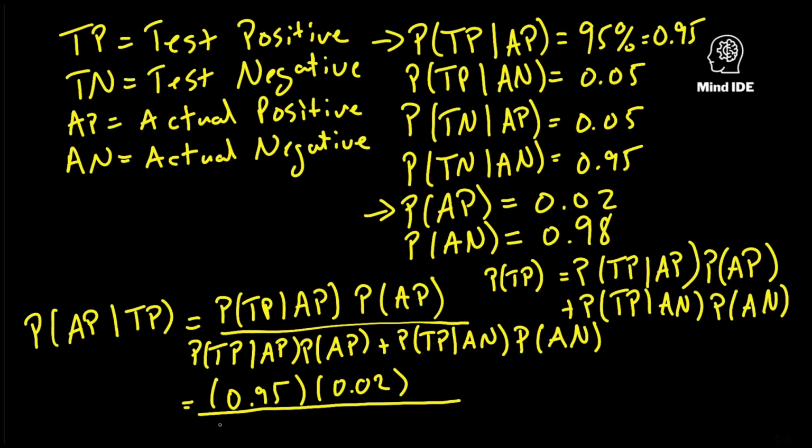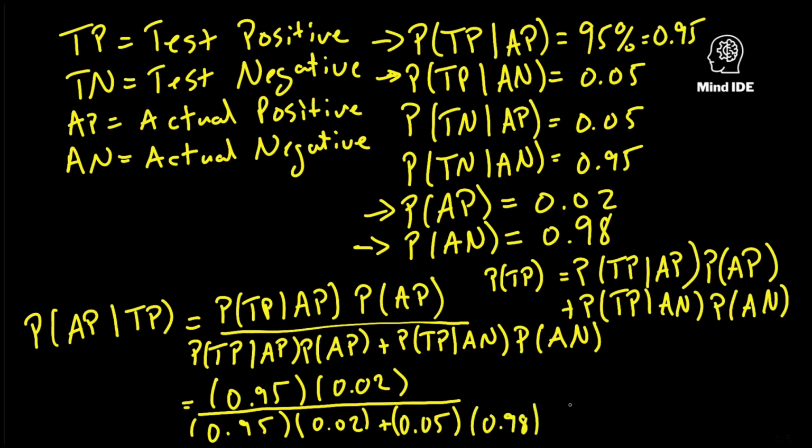We divide that by test positive, actually positive, which is 0.95 again, times actually positive, 0.02, plus test positive, actually negative, which is this one here, which is 0.05 or 5%, and multiply that by probability of actual negative, which is 98% or 0.98.